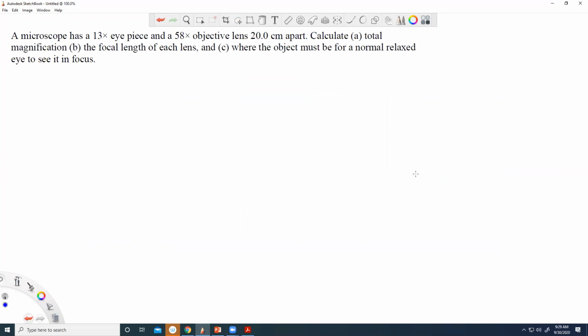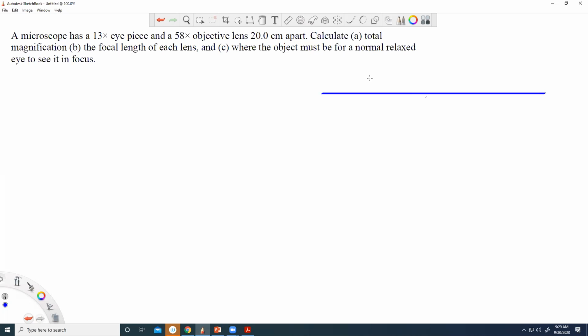Okay. So we have a microscope that has eyepiece and an objective lenses that have 13x and 58x magnifications, and they are 20 centimeters apart. So let's see the picture.